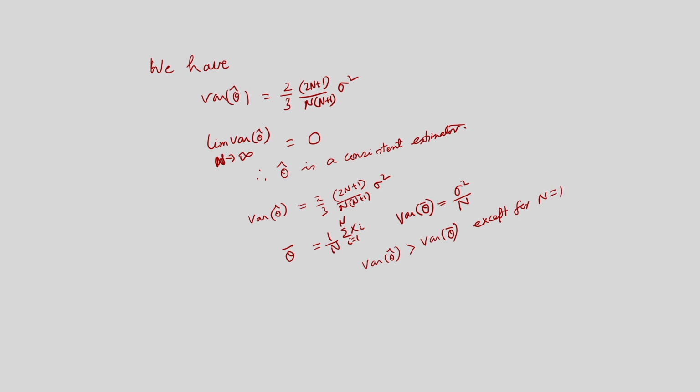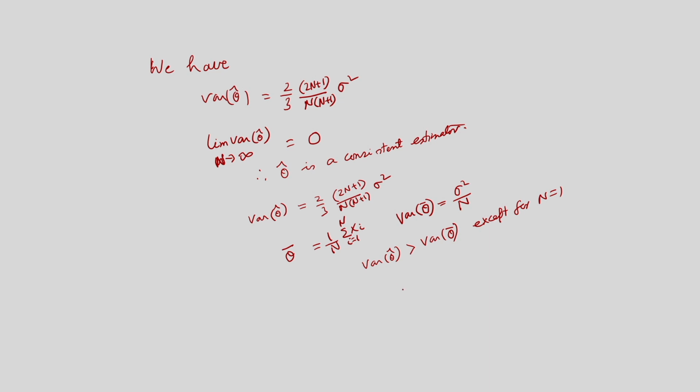In that case this will also be sigma square, and this will also be sigma square. Therefore, there exists an estimator theta bar with variance lower than the variance of this estimator.